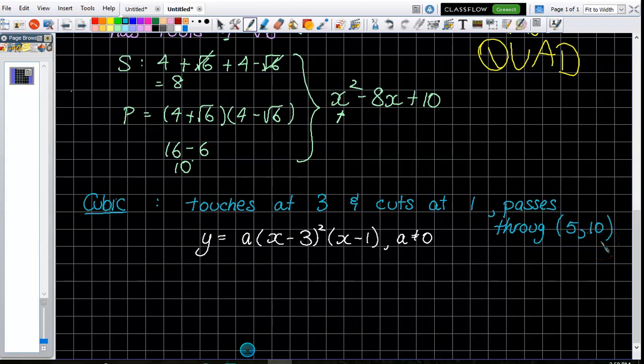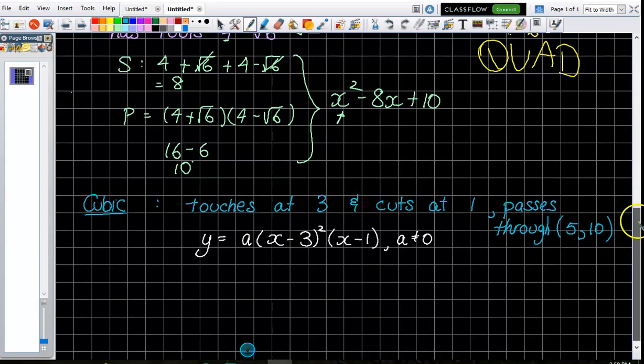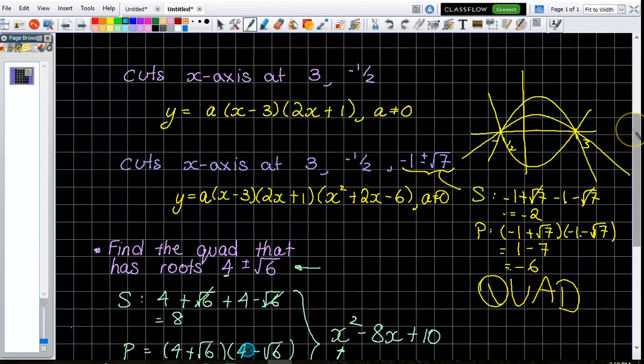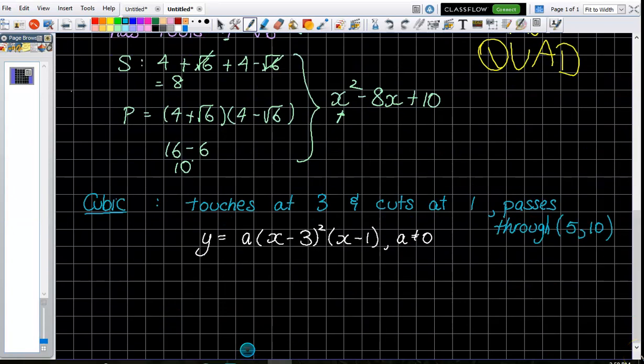Nice. As soon as you see that, what is that telling you? That it is no longer infinitely many, right? It's one specific, unique one, which means you should be able to find it.